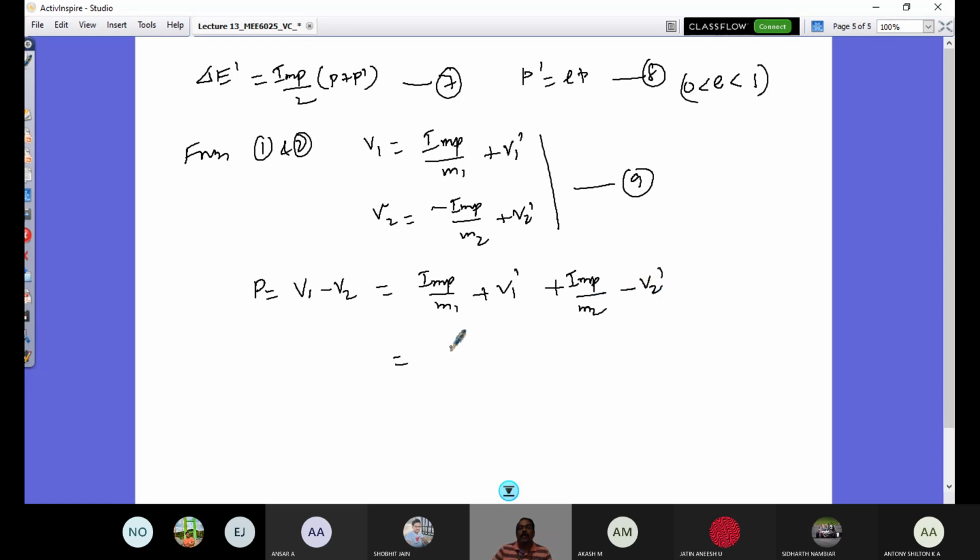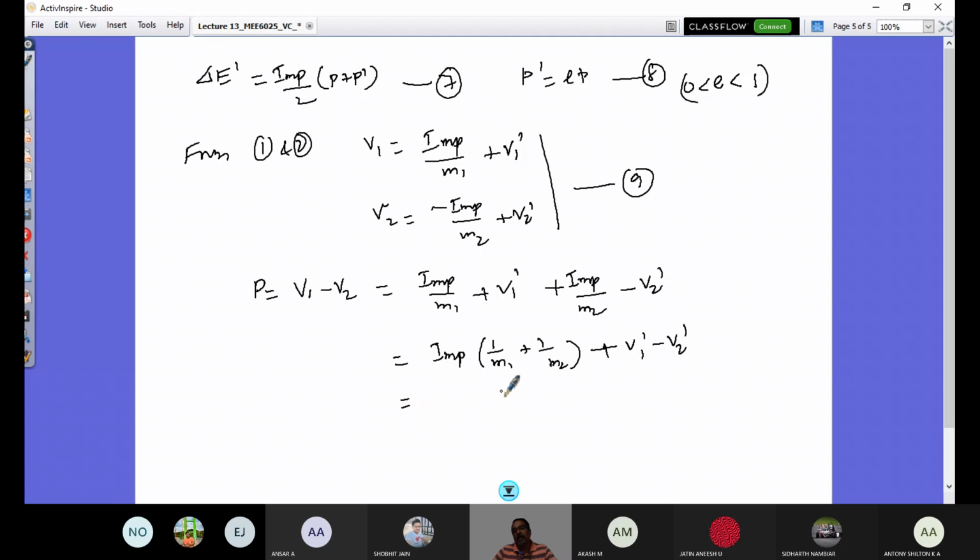So what do I have now? If I take these two terms, IMP is common, it's 1 by M1 plus 1 by M2, and plus V1 dash minus V2 dash. So here it's a very interesting concept.